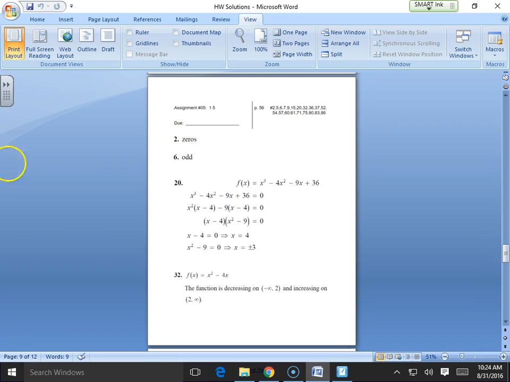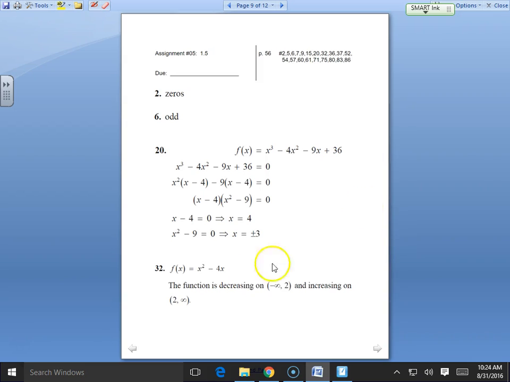Section 1.5. Number 2. You guys have your color pen close. Number 2, zeros. Otherwise known as x-intercepts. Number 6, odd. Which you might not have quite known. But now you do. Number 2, zeros. Number 6, odd.